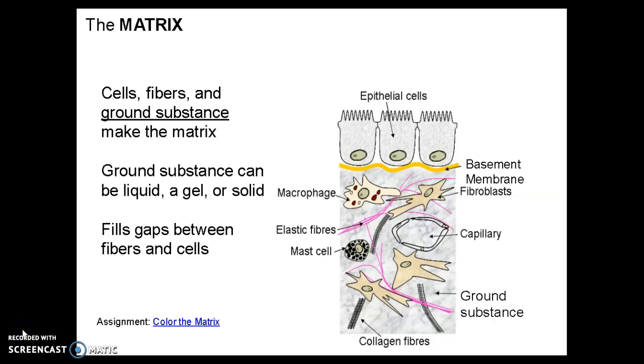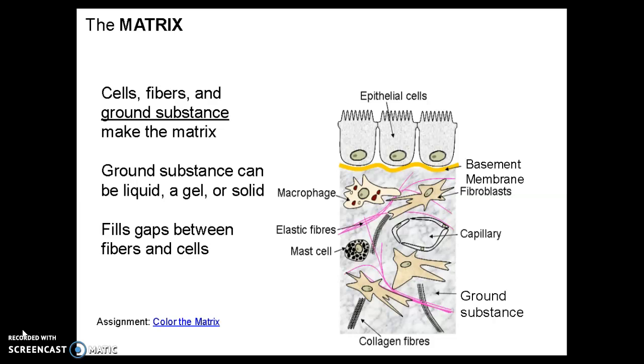So, what is this thing called the matrix? The matrix is the outside of the cell. Sometimes you hear it called the extracellular matrix. It contains fibers and a ground substance to make the matrix. The ground substance, you can think of it as almost like the cytoplasm of tissues.